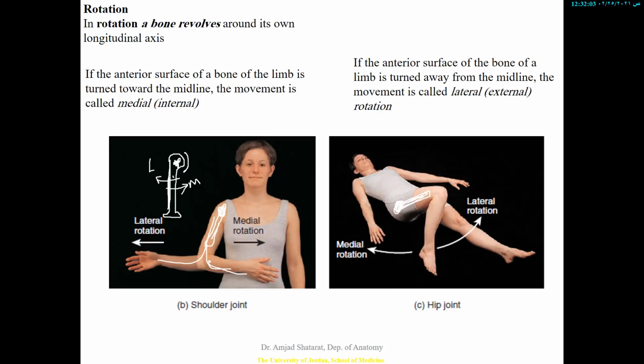When we move the anterior surface of this bone inside, this is medial rotation. When we move it outside, this is lateral rotation. Look, this patient has moved his thigh inside, so this is medial rotation. However, the leg at the knee joint has gone outside, so we are not looking at this, we are evaluating this joint. This may confuse you. If you didn't get it by this explanation, leave it until we reach the lower limb.